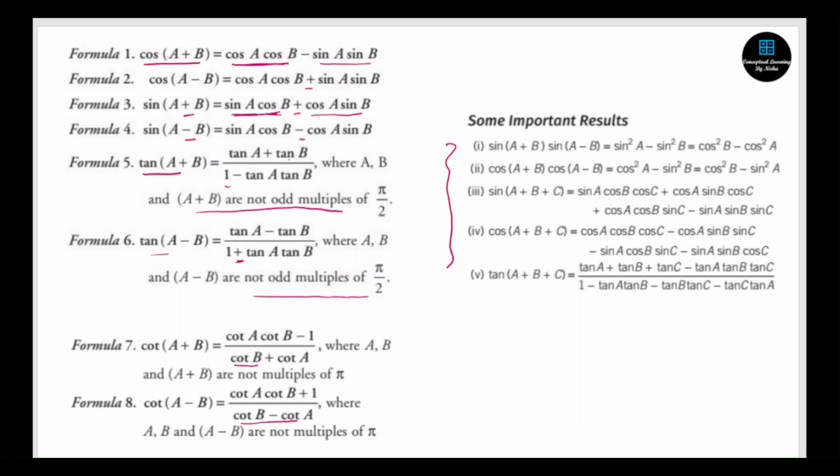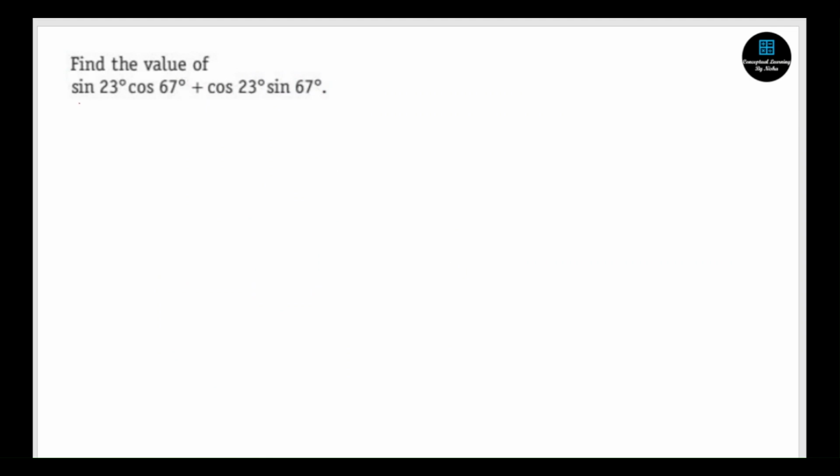Now let's solve some questions based on that. We'll start with a very easy question. Here, sin 23 cos 67 plus cos 23 sin 67. So it is a sin and cos combination. Just remember the formula we learned: sin(A+B) is equal to sin A cos B plus cos A sin B. Here it is a plus sign, so I can straight away apply this formula.